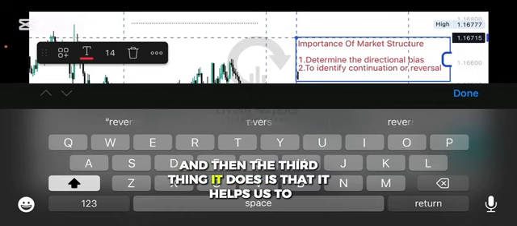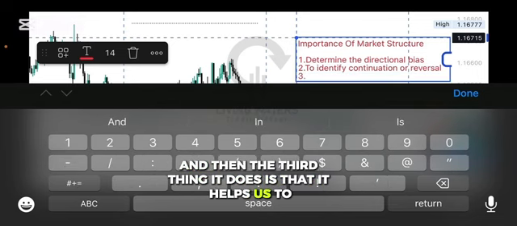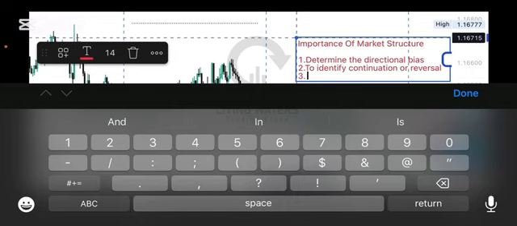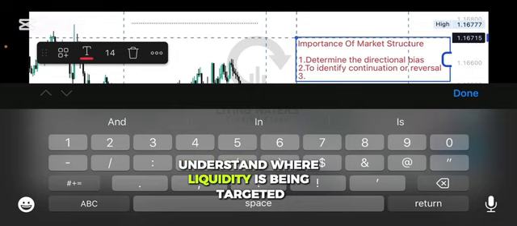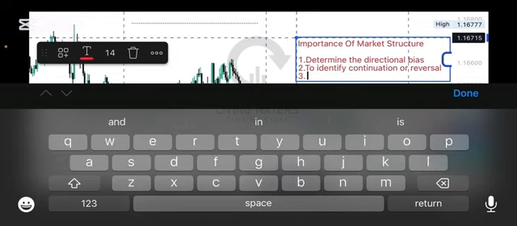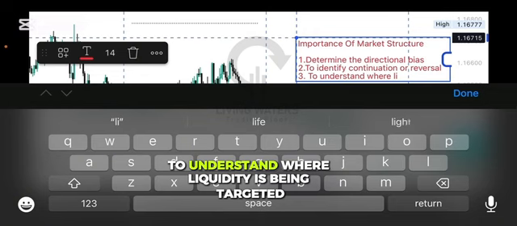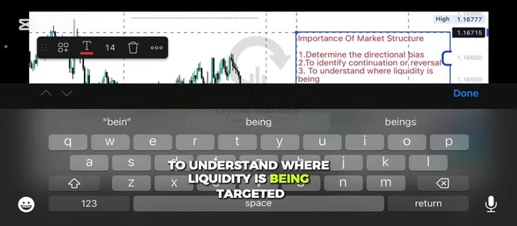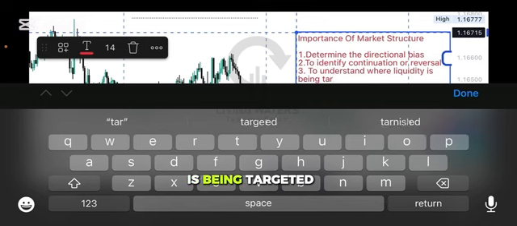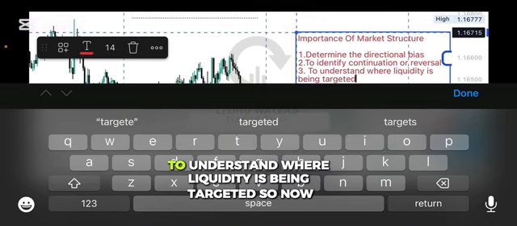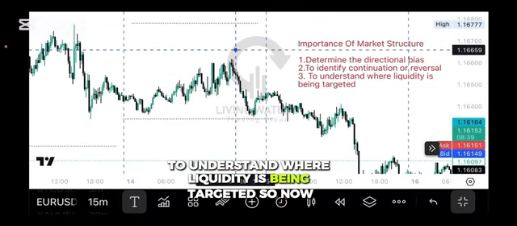And then the third thing it does is that it helps us to understand where liquidity is being targeted.